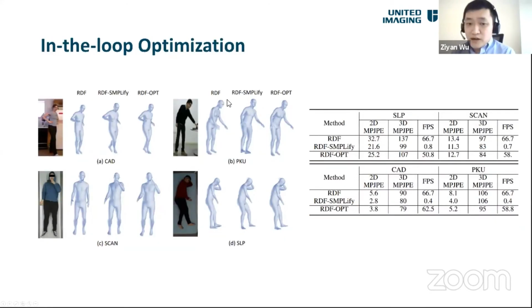I mentioned that after the regressed parameters are obtained, we also have the optimization module to iteratively fine-tune the recovered patient parameters. Here we compare 2 different approaches. One approach is based on an existing approach called Simplify.